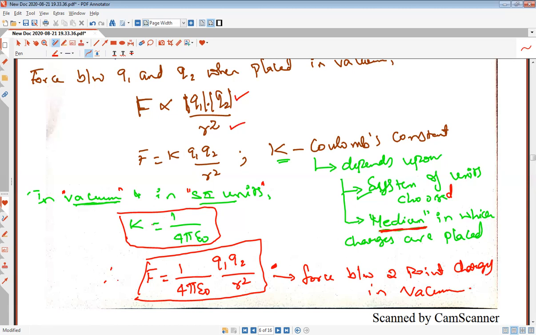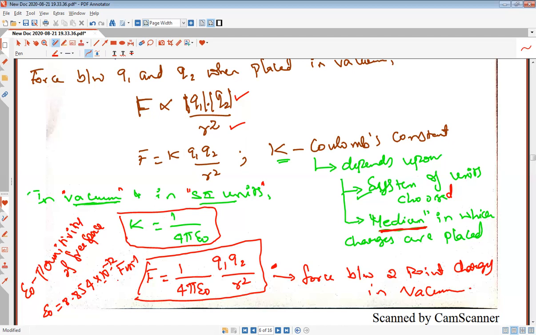In vacuum and in the SI system, the value of K is 1 by 4 pi epsilon naught. Here, epsilon naught is called the permittivity of free space, and its value is 8.854 into 10 to the power of minus 12 farad per meter.